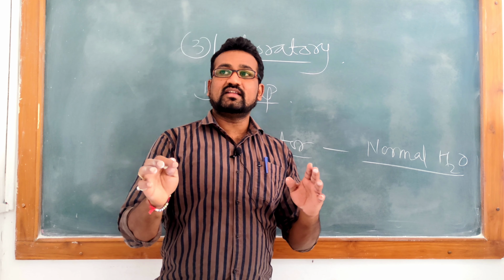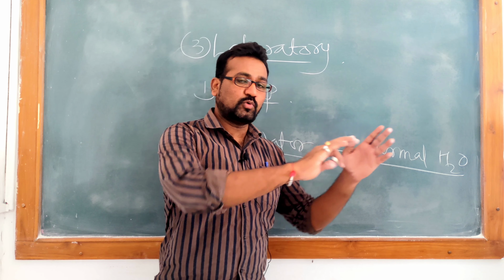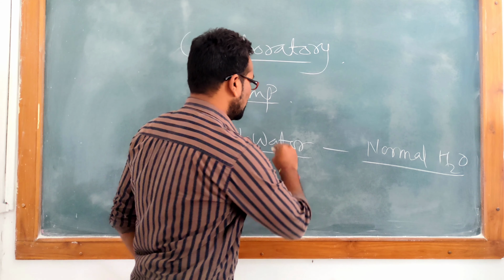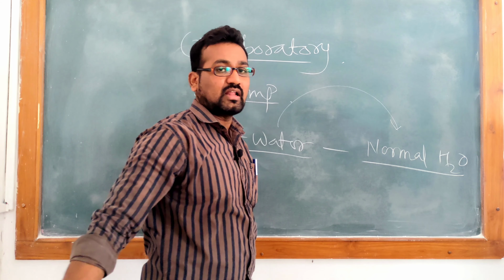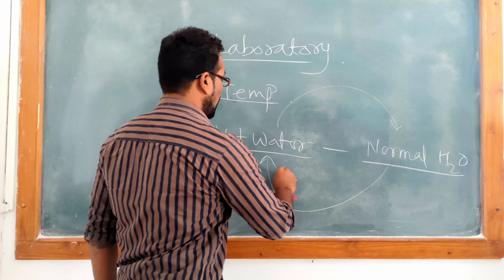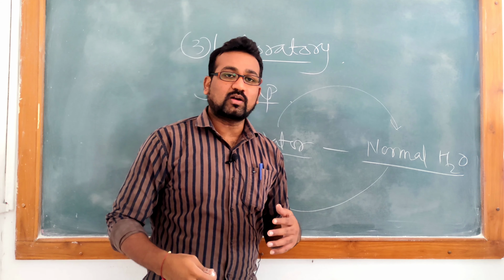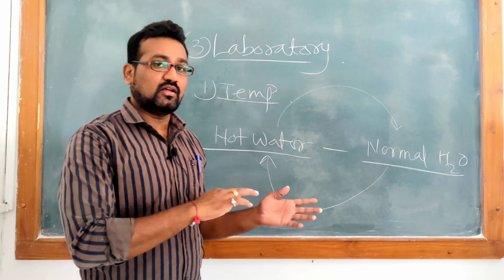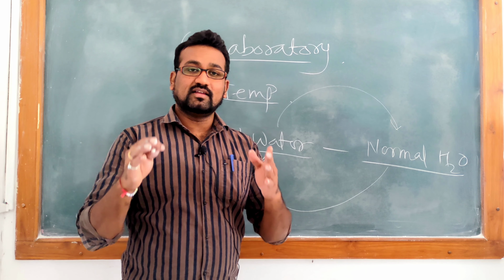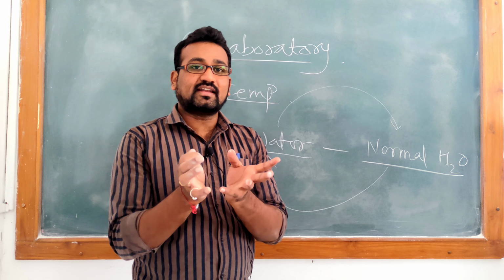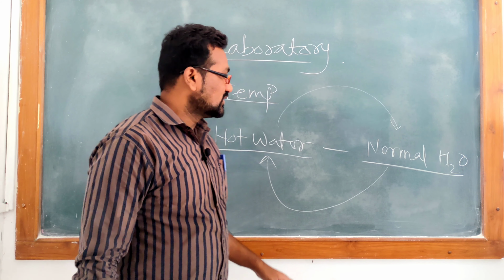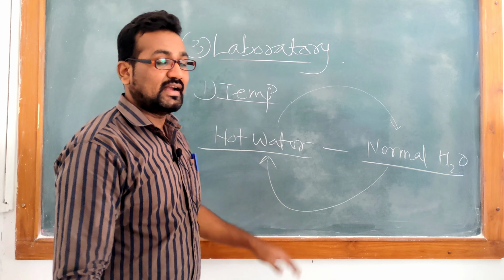You put the seed in hot water for 12 hours, then again put that seed into normal water for 12 hours, then again put this seed in hot water for 12 hours. The cycling between hot water and cool water will affect the seed coat, which makes the seed coat permeable for water. So that was one technique, by alternating the temperature.